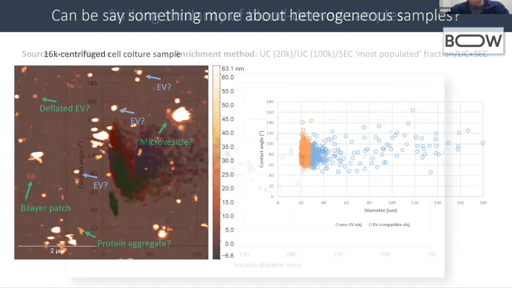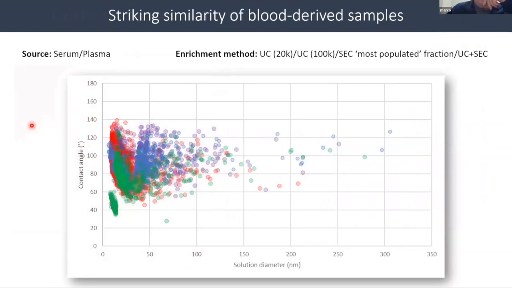Except that for a specific class of samples we started receiving, that is samples enriched from blood, we started noticing a striking similarity between samples produced in different labs. Okay, here we have 4 superimposed scatter plots from samples enriched from blood from 4 different labs at 4 different times.